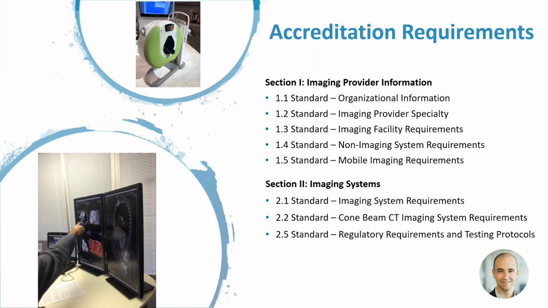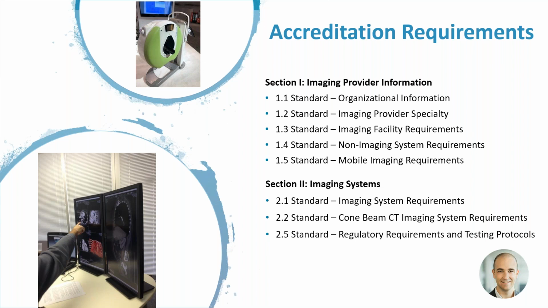In section 1.3, we've got imaging facility requirements. Here we talk about how the organization has to make sure it meets its local zoning laws and ordinances, complies with federal law, maintains confidentiality, etc. In 1.4, we have non-imaging systems requirements. Here, we talk about how the imaging provider's non-imaging system should meet various standards and have quality control, as well as regular inspection and maintenance.